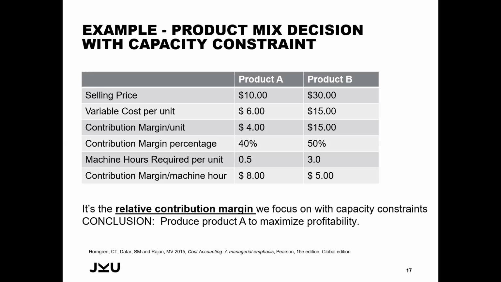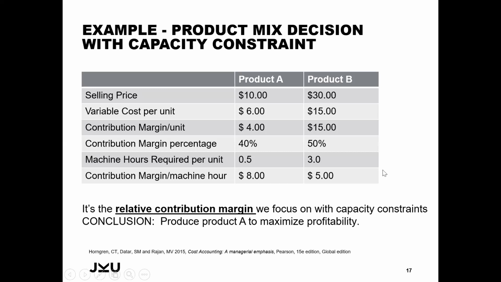We put the absolute contribution margin of product A, $4, of product B, $15, in relation to, in this case, the machine hours. So in relation to the half an hour and to the 3.